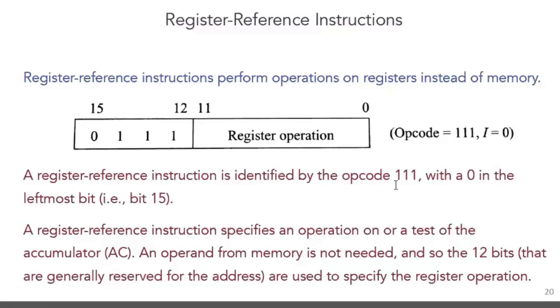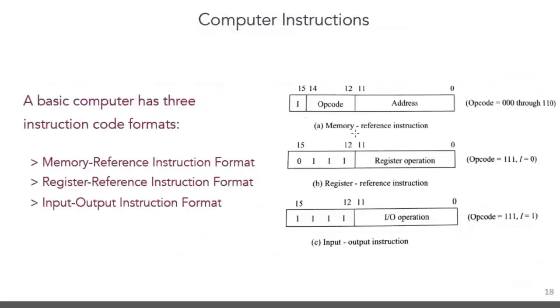Now how will we know whether this is a memory reference instruction, a register reference instruction, or an input output instruction? If the value of the opcode is from 000 to 110, the instruction is a memory reference instruction. But if the value is 0111, that means the instruction is a register reference instruction, because in a register reference instruction, this indirect or direct addressing mode value will always be 0. How will we know that the instruction is an input output instruction?